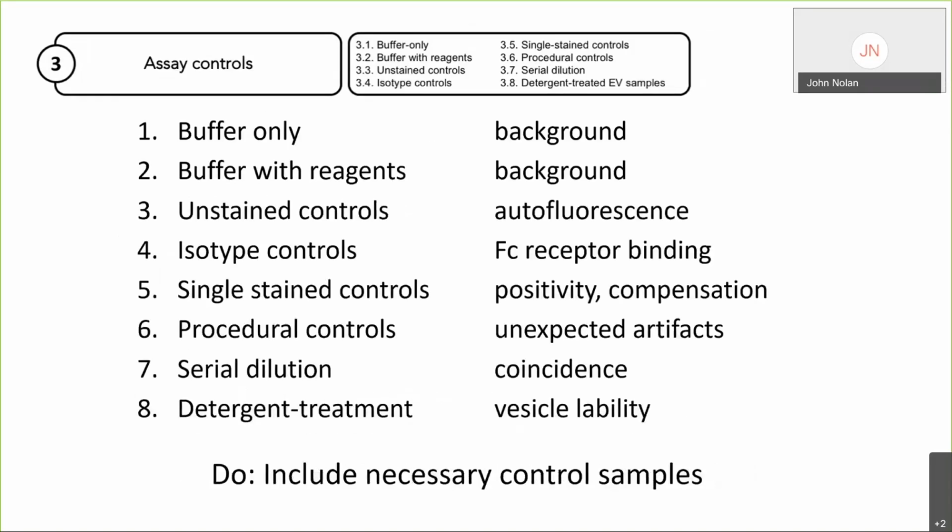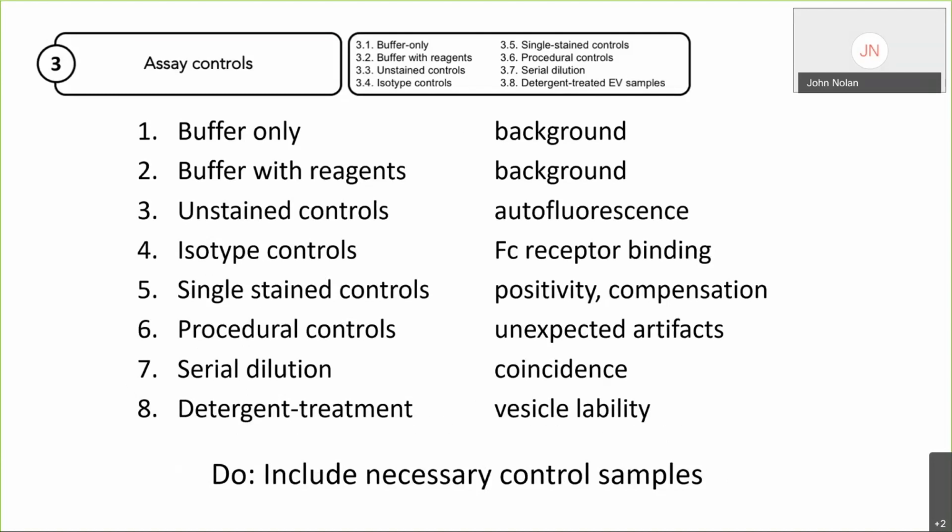Step 3 has to do with assay controls, and there's a whole set of assay controls that are listed here and described. And each of these controls actually is designed to address a specific artifact that you will encounter when you try to measure vesicles by flow cytometry.